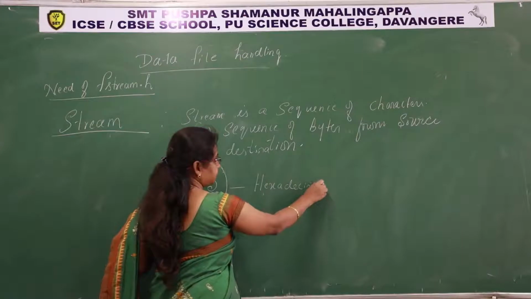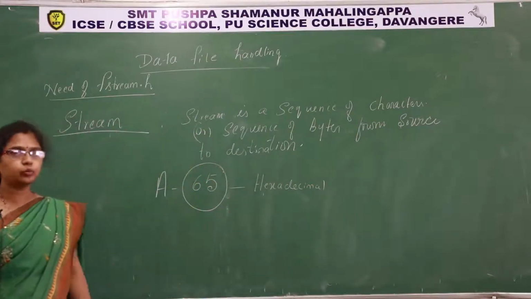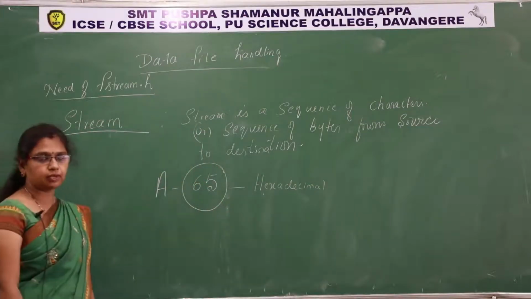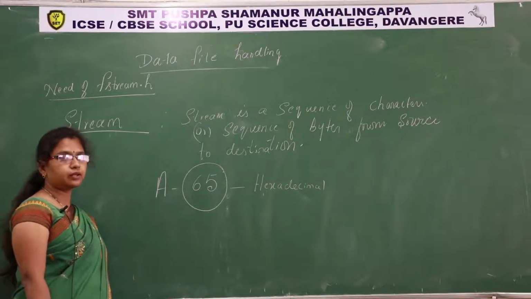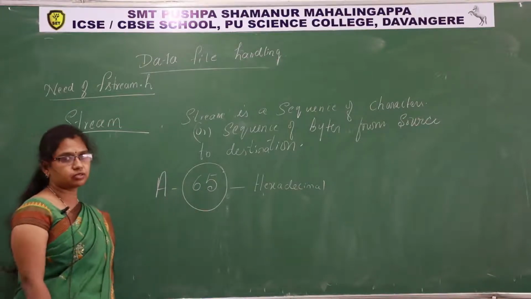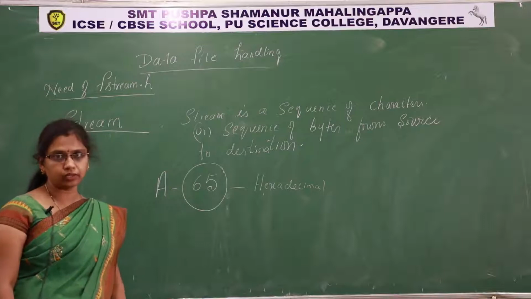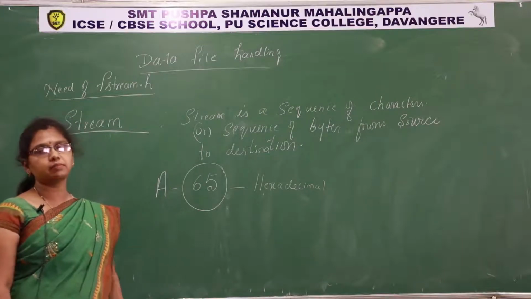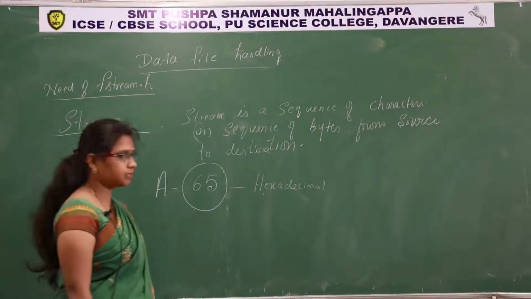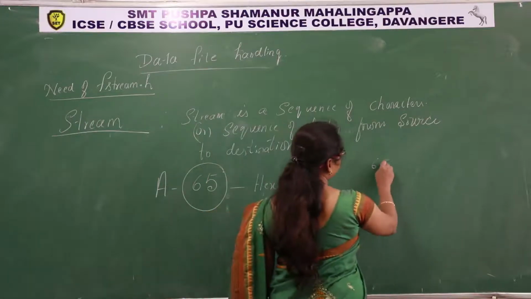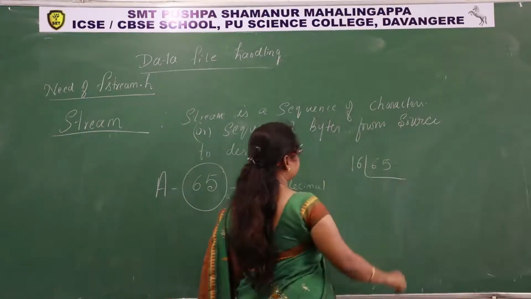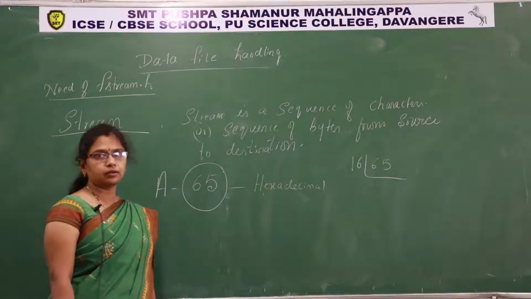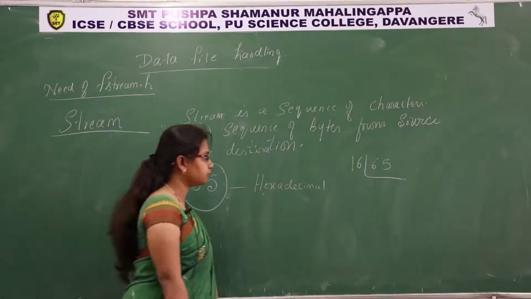How to convert decimal to hexadecimal? To convert a decimal number to another number system, we take the base of that number system and divide the number, isn't it? 65 divided by 16. What is the hexadecimal number system base? 16.